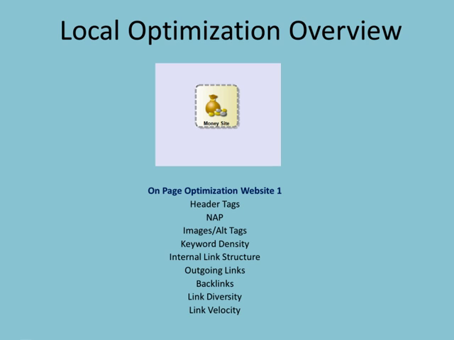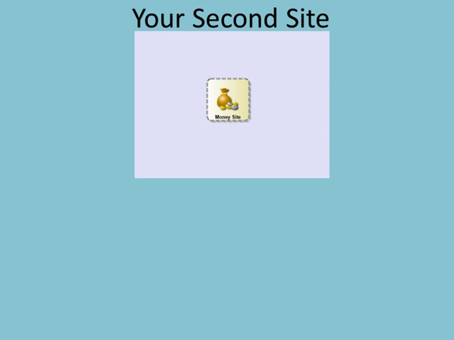And what this means is the links need to happen over time in a natural appearing way. And then link authority, that's the type of websites that they come from and what sorts of authority those websites have in Google's eyes. And this is all focused on your main primary website, but your second website would be your Google Local Plus page.